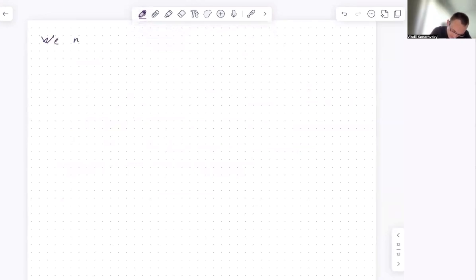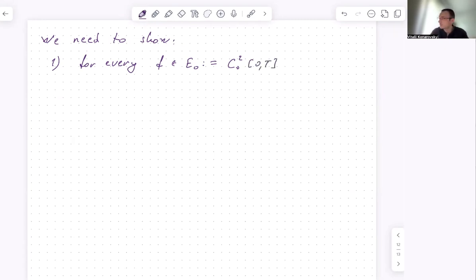We need to show first that, for every f, and we don't need to consider balls with centers at every point of the metric space. We just can take only balls with centers from this quite large set. And this large set will be the set of twice continuously differentiable functions, which we denote by E0: the space of continuous functions that have continuous second derivative and also start from 0.